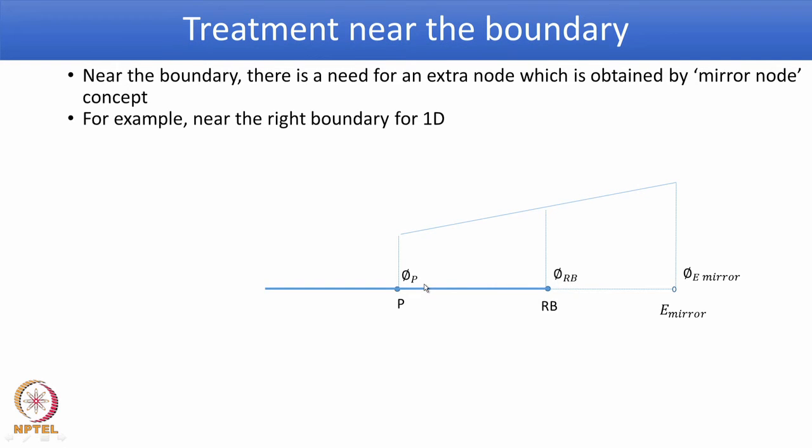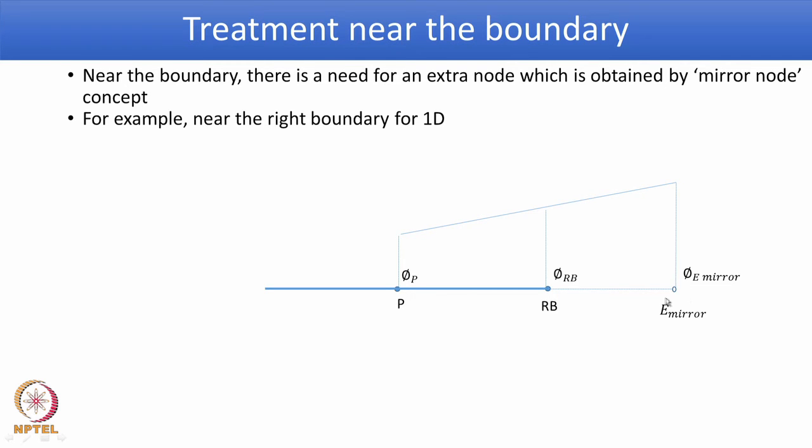Beyond this you construct another node which is known as a mirror node, and for convenience it is taken at the same distance as the distance between the P node and the boundary.